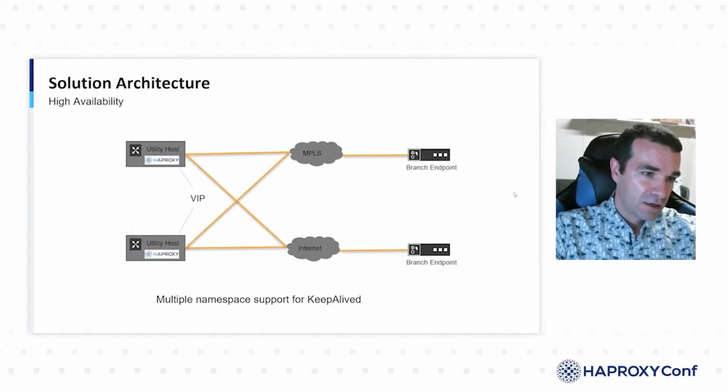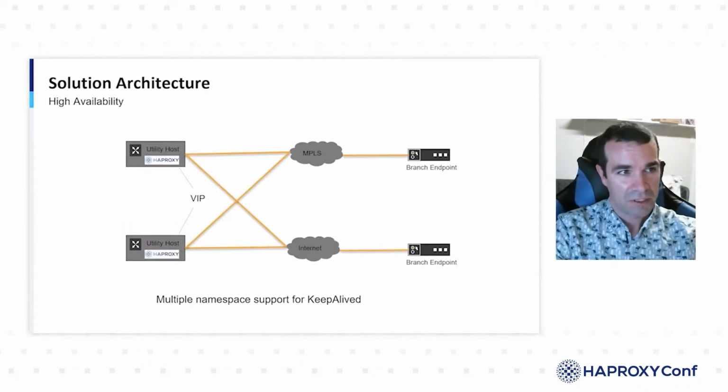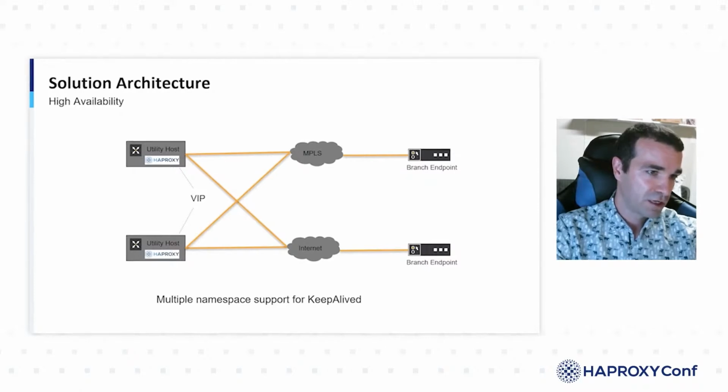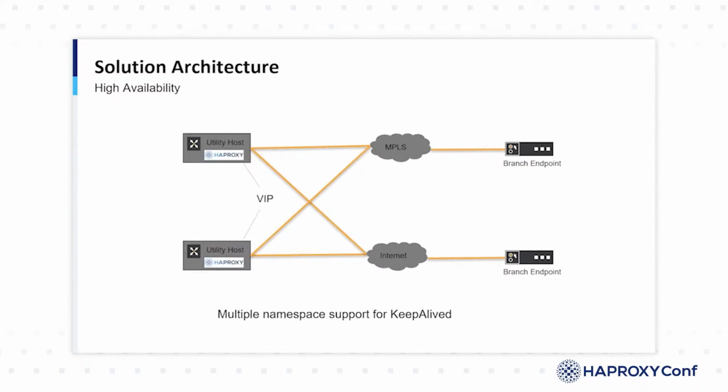And of course, when we have a solution like this, we need to be able to guarantee high availability to our customers. To do this, we're deploying the utility host as a pair of servers that are both active, and we're sharing a VIP, a virtual IP address, between both of them. And each branch endpoint would access the pair of servers through the VIP. And this is done with VRRP.